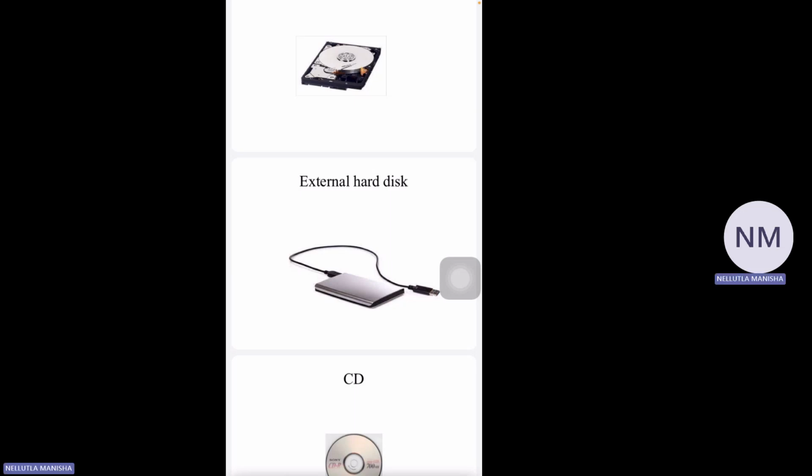Moreover, some external devices come with a security feature such as fingerprint recognition to prevent others from gaining access to the stored data. The storage capacity of the external hard disk is about 1 to 4 terabytes.